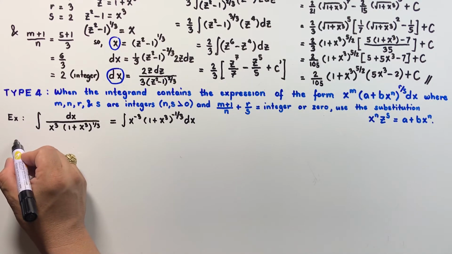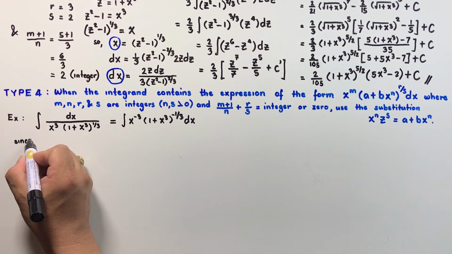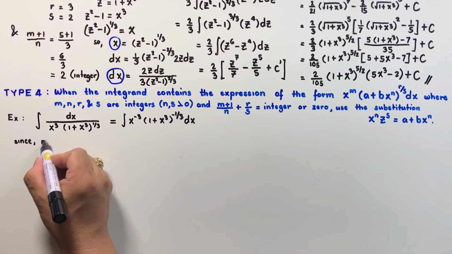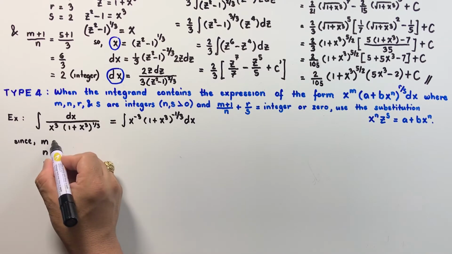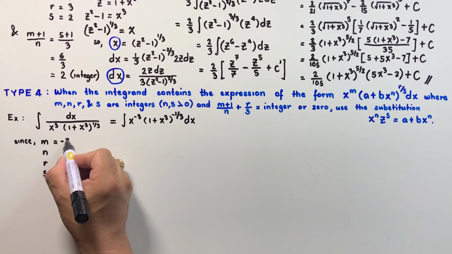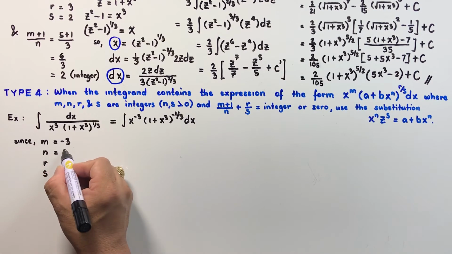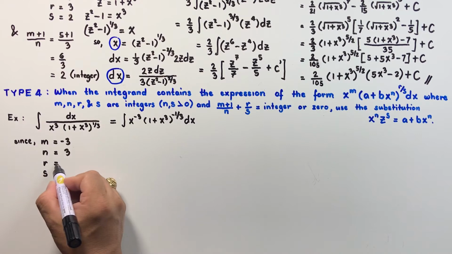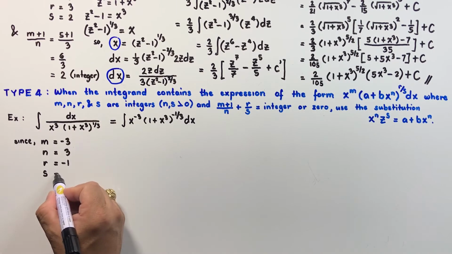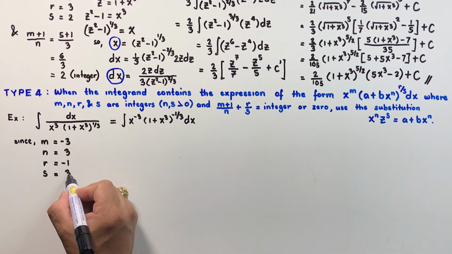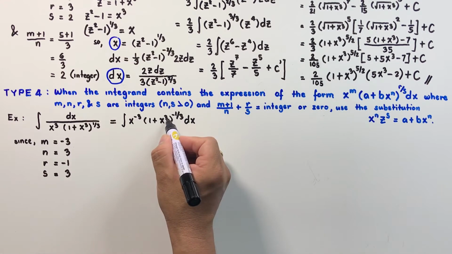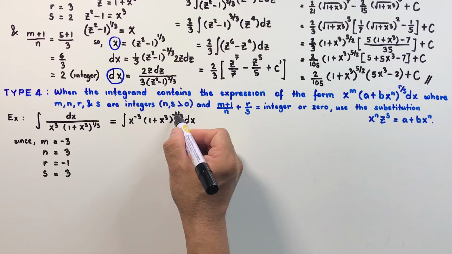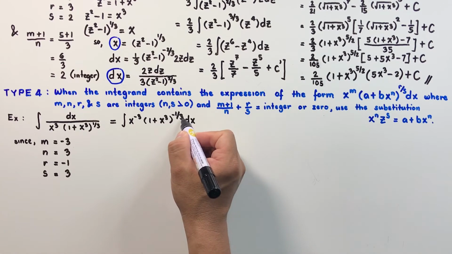So here we can identify our values of m, n, r, and s. That our m is -3 and our n is 3 here, and our r is -1 with s of 3.